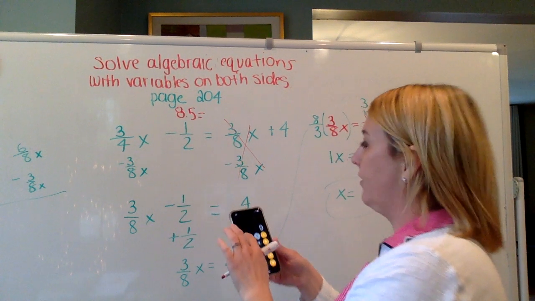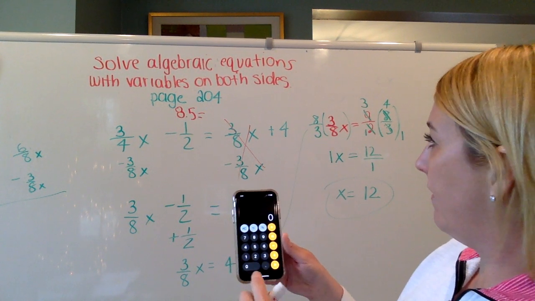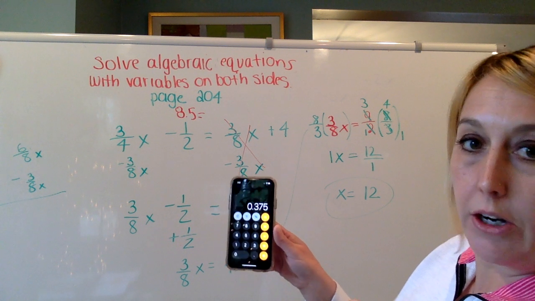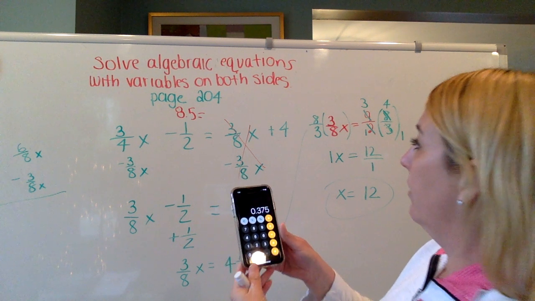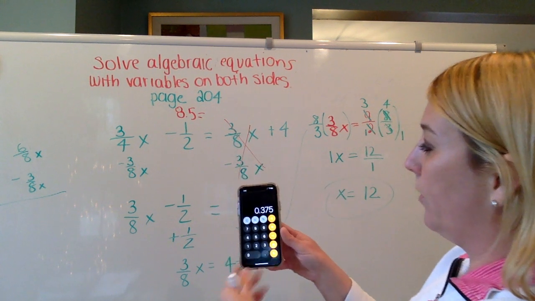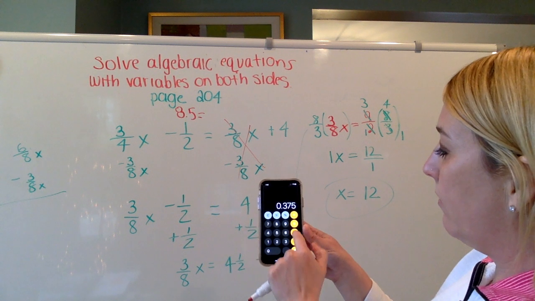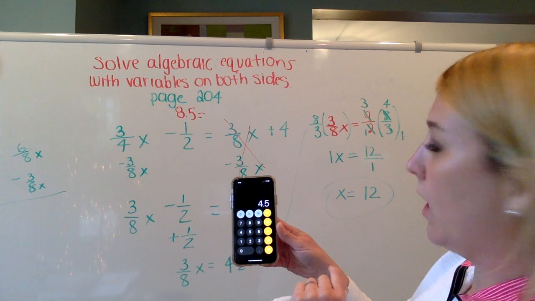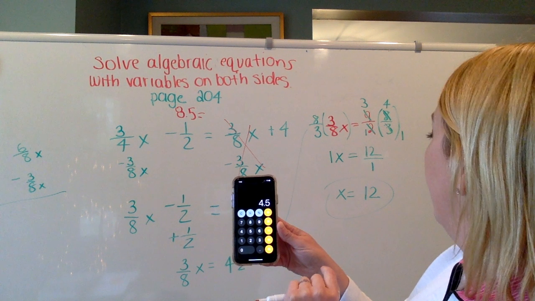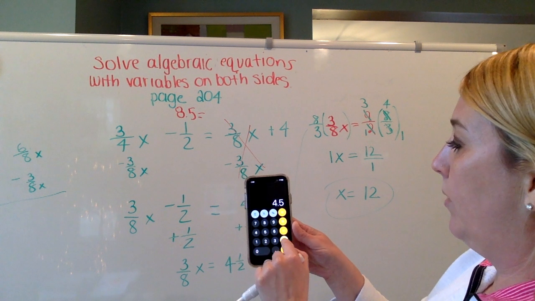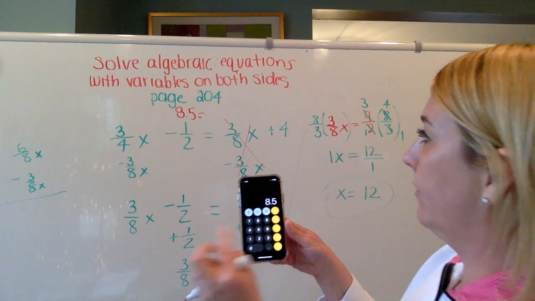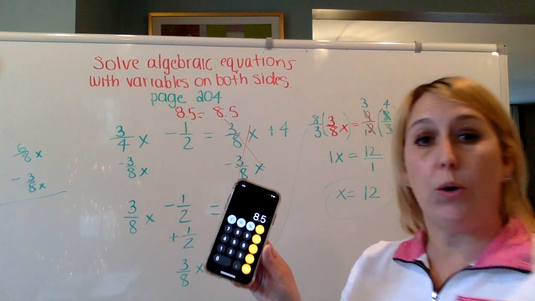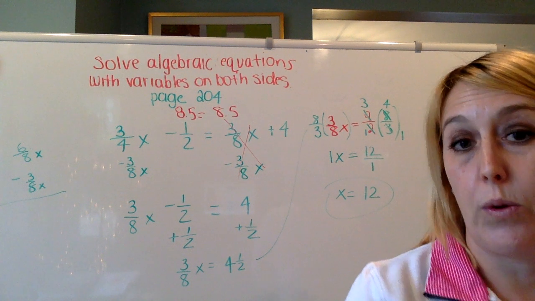Okay. Let's go over here. So 3/8, let's see, 3 divided by 8 is 0.375. So 0.375 times 12 equals 4.5, okay? 4.5 plus 4 equals 8.5. So therefore, I know that I did my equation correctly.